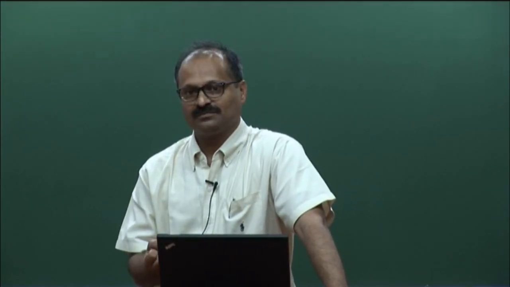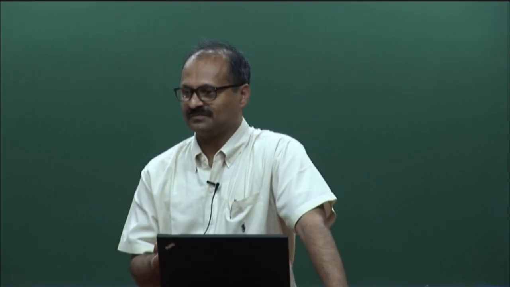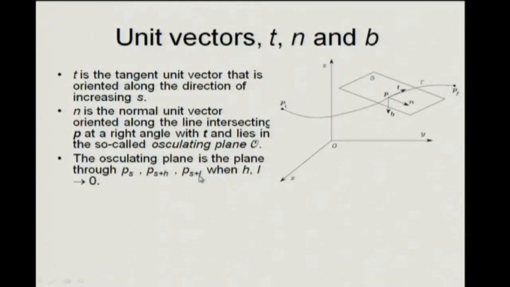I can draw a triangle through them, for example, and then you make h and l tend to 0, and that will give you the osculating plane. So in theory, given the equation of the plane, you would write the equation for Ps, Ps plus h, Ps plus l.